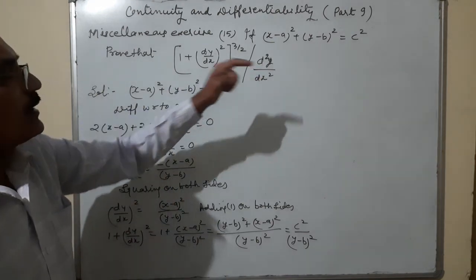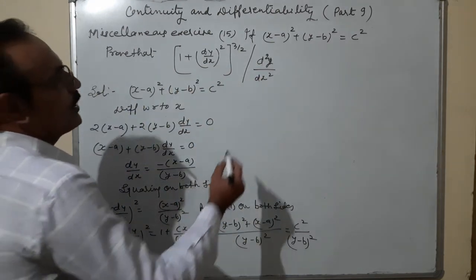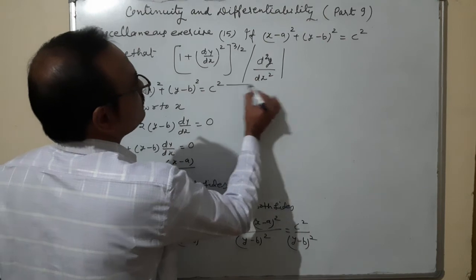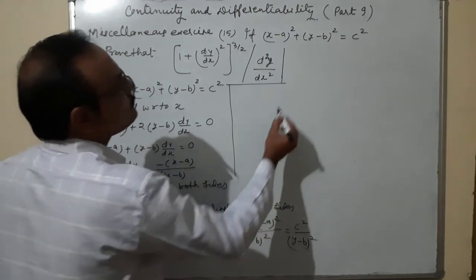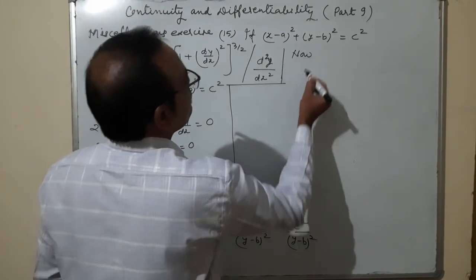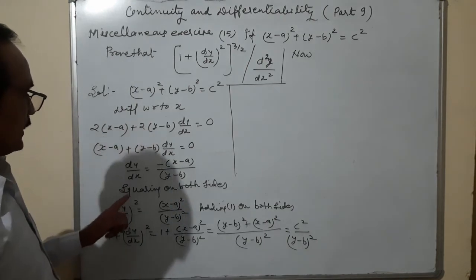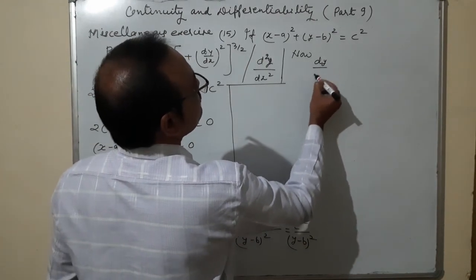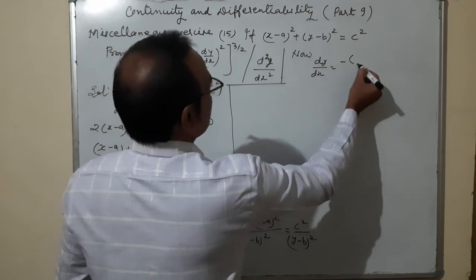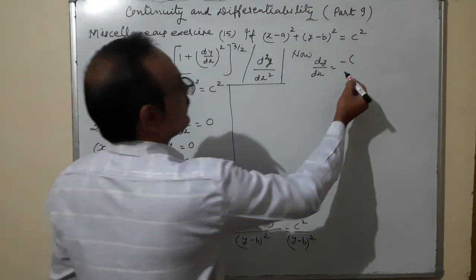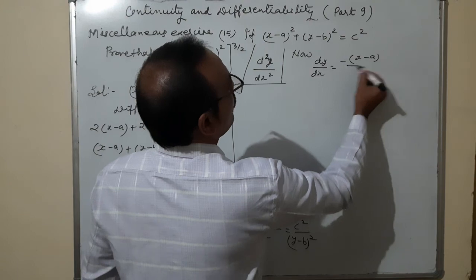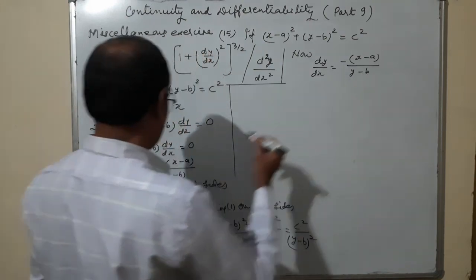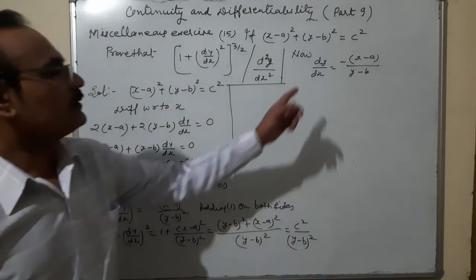We need d square y by dx square also. So now dy by dx is minus (x minus a) upon (y minus b). This we have.